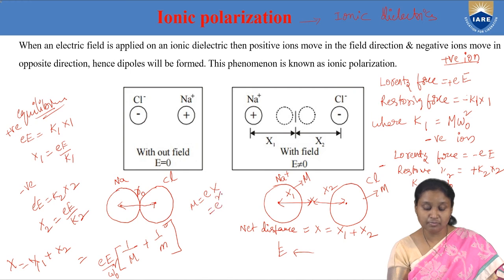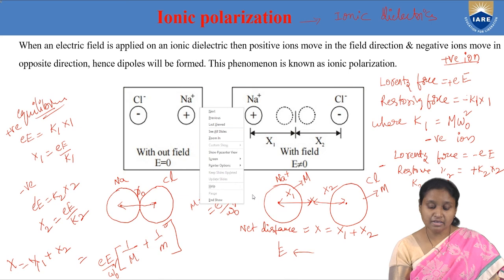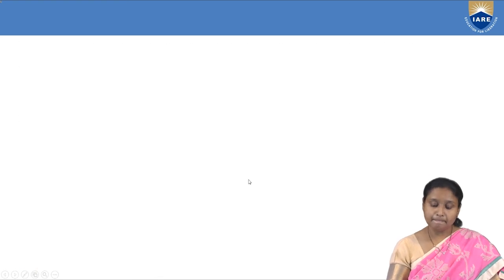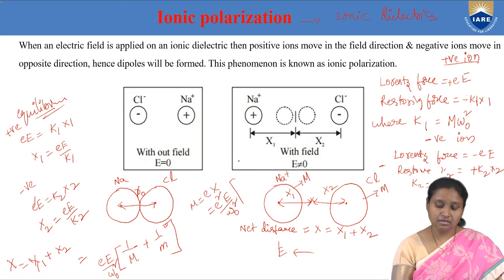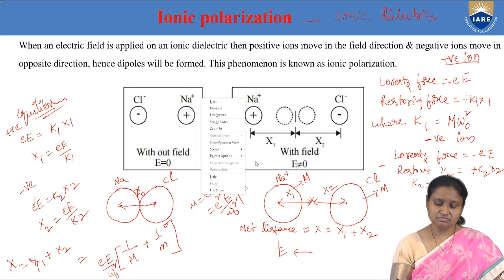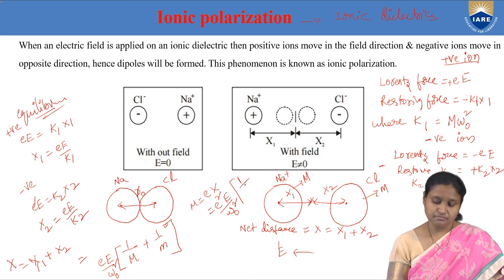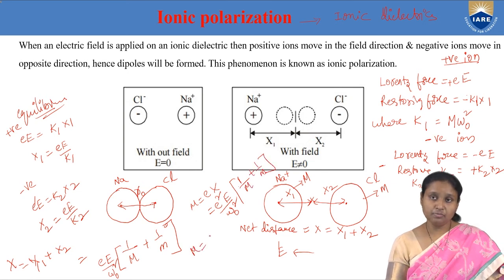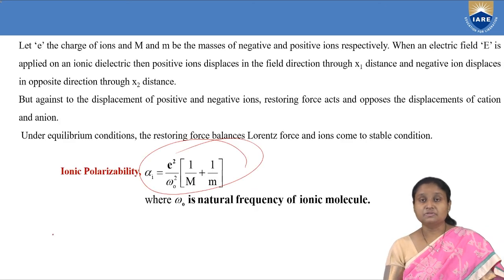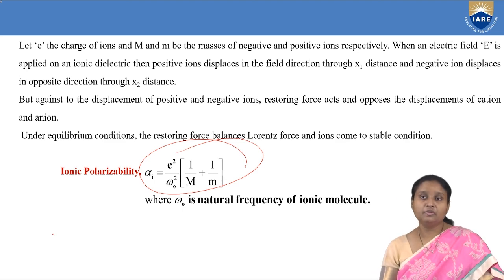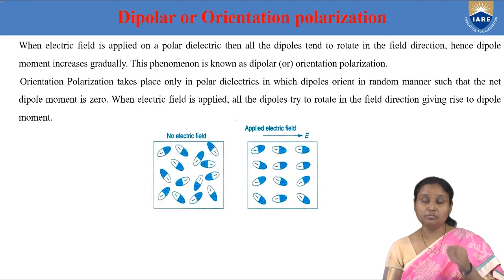So our induced dipole moment will be E square omega naught square into 1 by capital M plus 1 by small m. But we know that induced dipole moment is polarizability into electric field. If we compare, then our ionic polarizability expression will be this. Okay, where omega naught is the natural frequency of the ionic molecule.